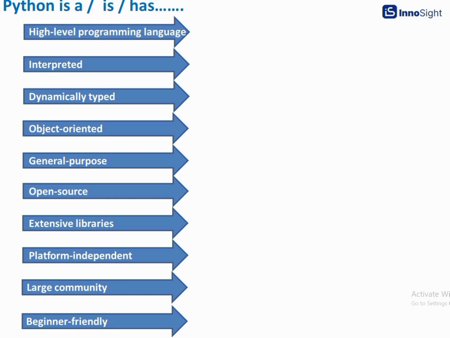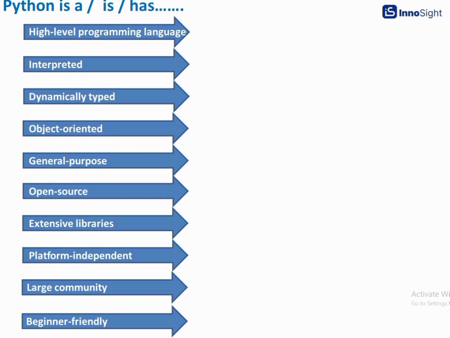Python is general purpose. Python is open source. Python has extensive libraries. Python is platform independent. Python has a large community, and Python is beginner friendly. So you start wondering, what is this Python that has a lot of characteristics like this?